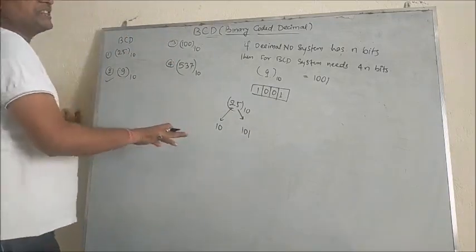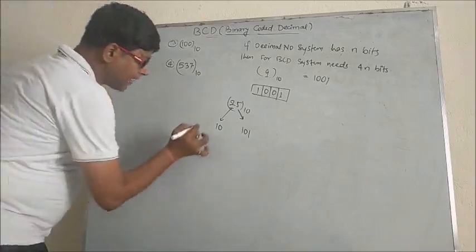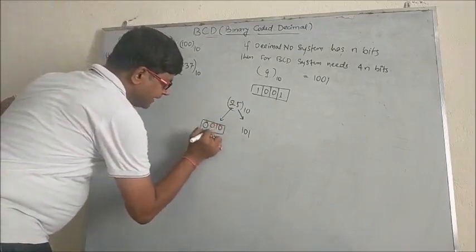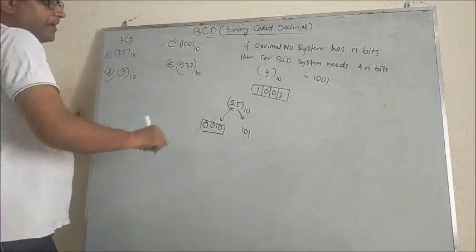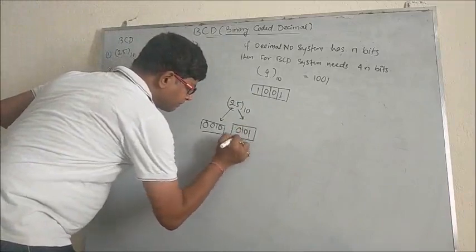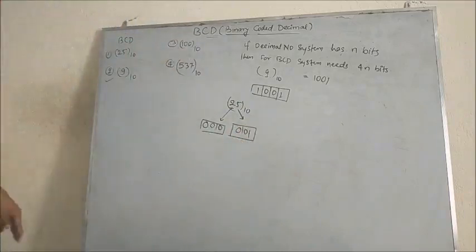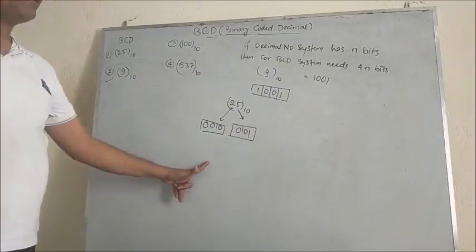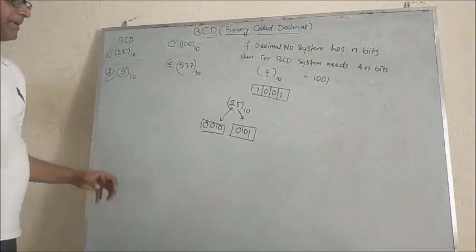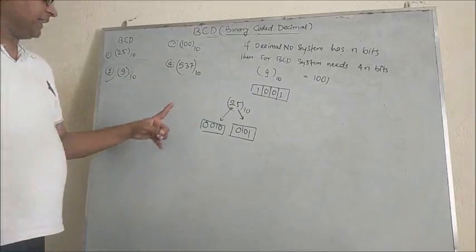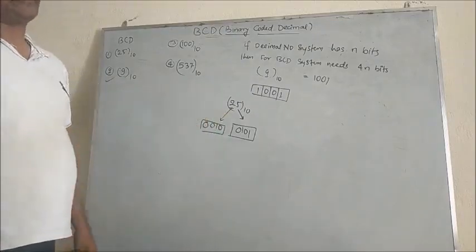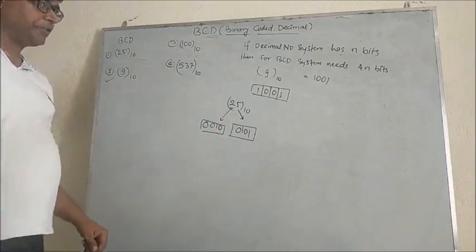If this has to be changed into BCD, we have to put 00 on the left side, and similarly for 5, we have to write 0101. So this is our BCD of 25, right? But please make sure this is not the binary equivalent of 25. I think the point is understood, right?